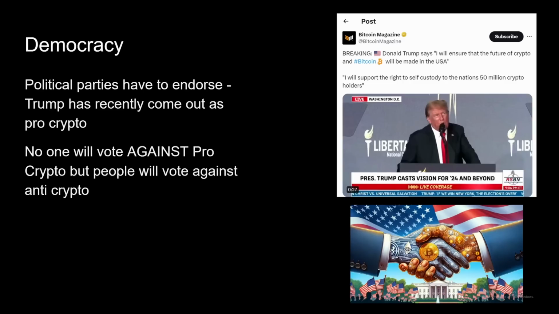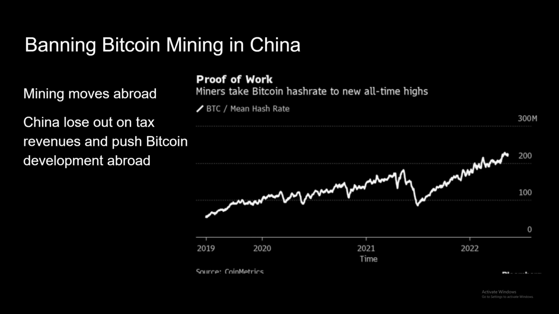The thing is, no one is going to vote against a pro-crypto candidate, even if you don't particularly care about crypto, but people will vote against an anti-crypto candidate. That is an issue which could sway someone's vote, especially if you're deep into it. So whereas the incentives in a fiat world are to promise the world and promise prosperous times ahead, the incentives of the Bitcoin world is now to become pro-crypto, and that is now the most optimal solution for these parties.